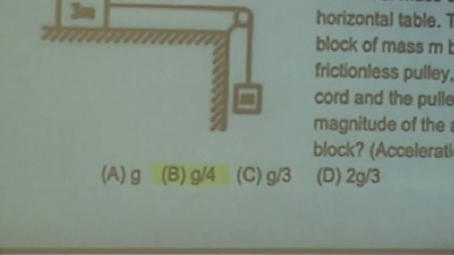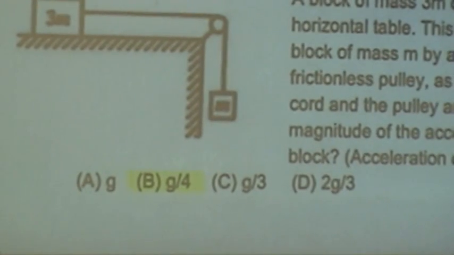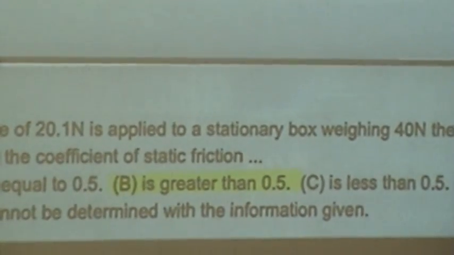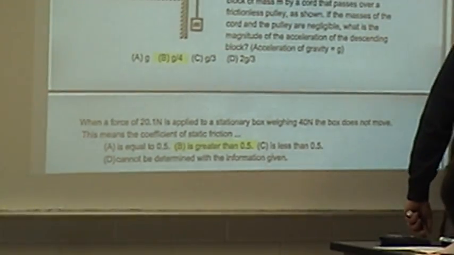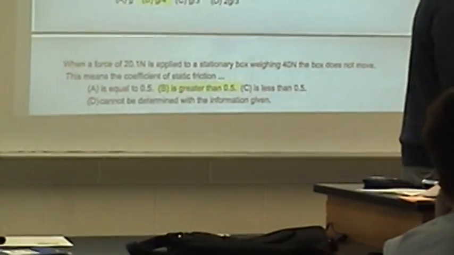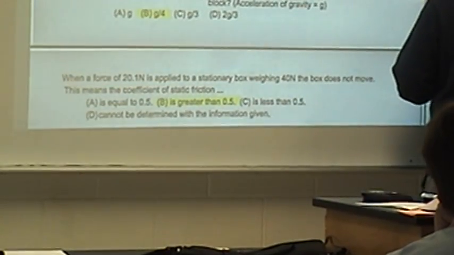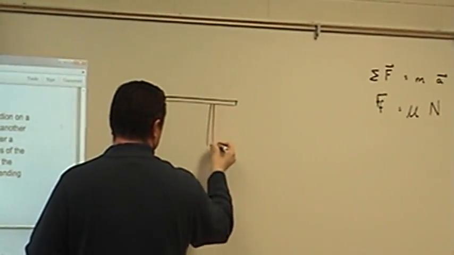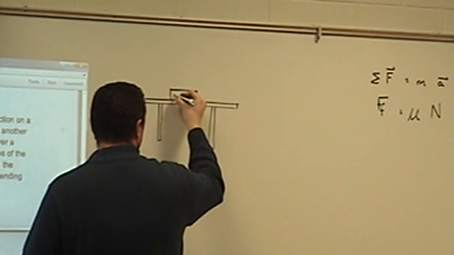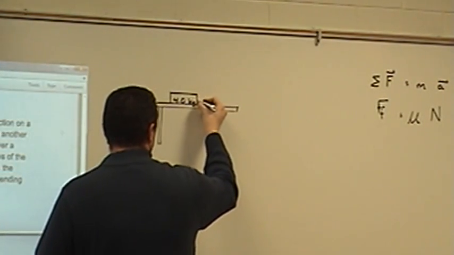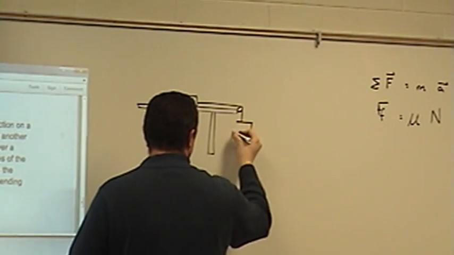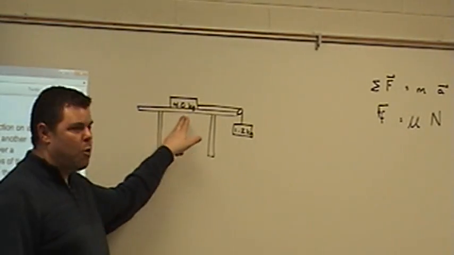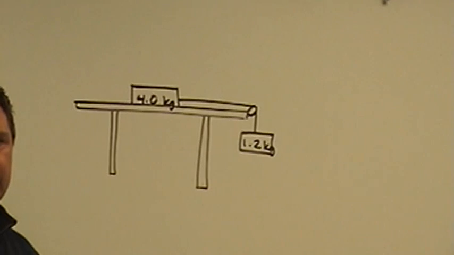I think we have time to do another one of those, maybe with real numbers. I have a 4 kilogram mass on the table, 1.2 kilograms hanging off the edge.